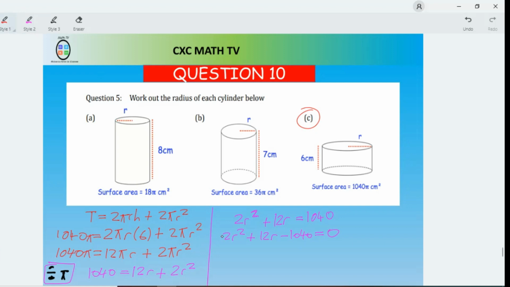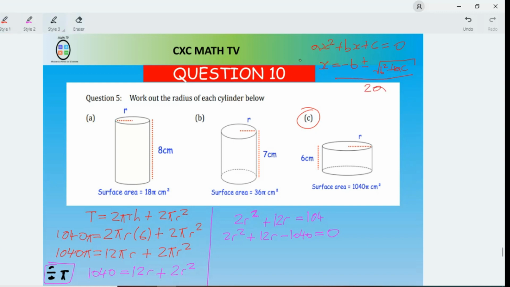To solve a quadratic equation, you can do it by factorization if it can be factorized. But since it's a big number, I would always say go for the quadratic formula. Remember, whenever you're solving ax squared plus bx plus c equals 0, then x is equal to minus b plus or minus the square root of b squared minus 4ac, divided by 2 times a.